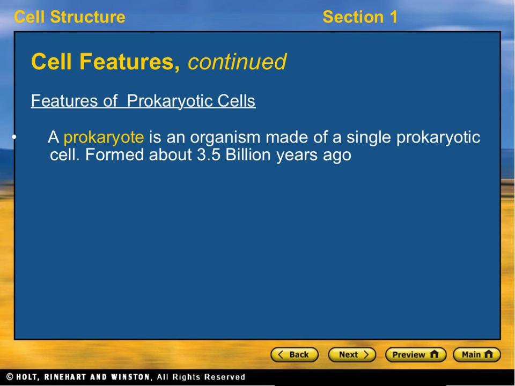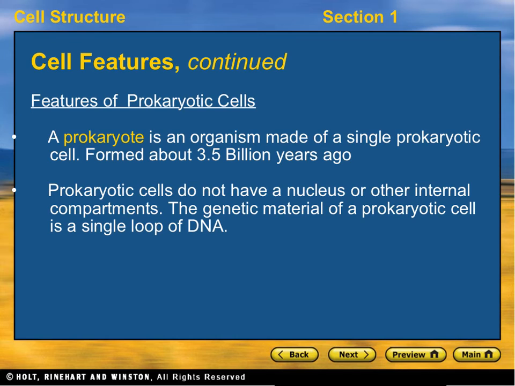So the first type of cell that we're going to talk about is what we call a prokaryotic cell. A prokaryote is an organism that's made of a single prokaryotic cell, and these were formed about 3.5 billion years ago. Prokaryotic cells do not have a nucleus, and we didn't see a nucleus in the cell that was on the left a few minutes ago, and they do not have other internal compartments.